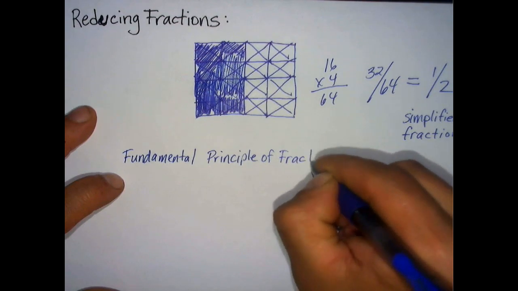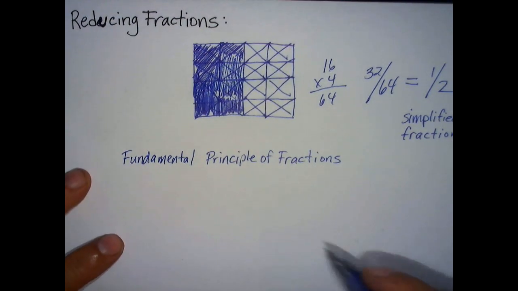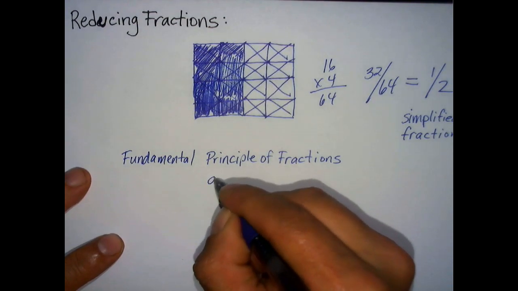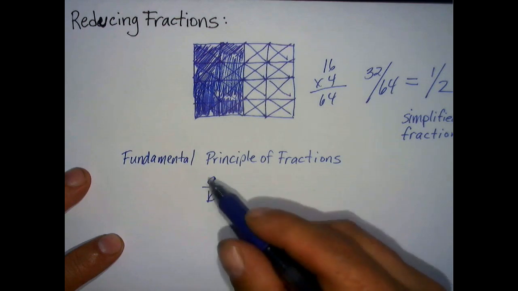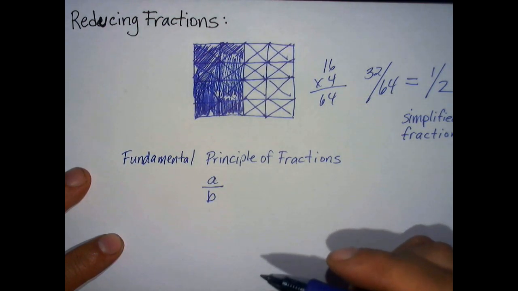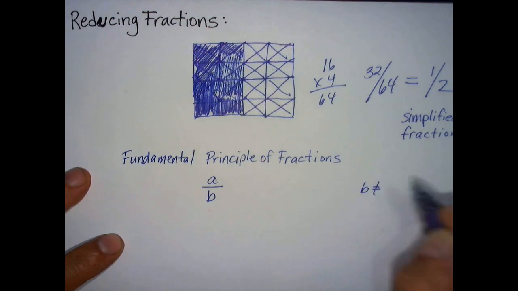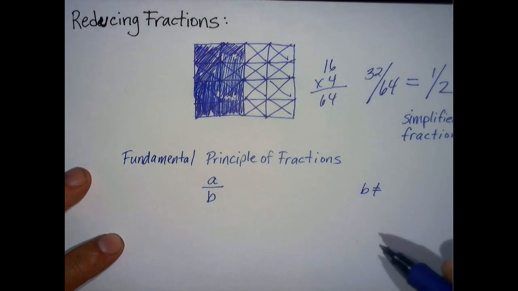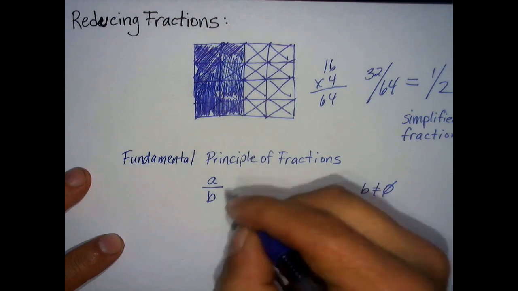If I have a fraction A over B, yes, I know, those are letters, but they're variables, they represent numbers. So it can be any number A and any number B. Well, almost any number. B can't be 0. You can't divide by 0.